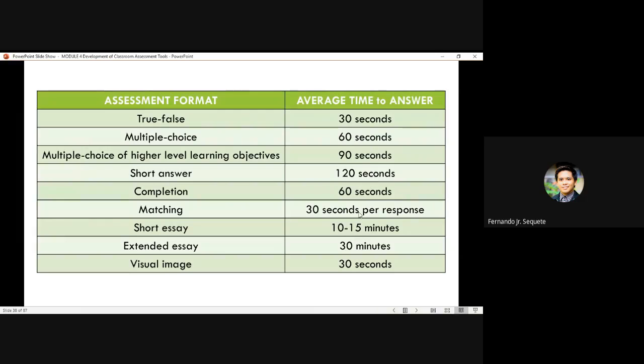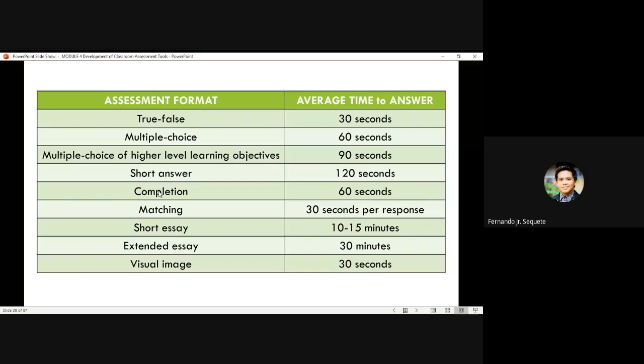So dito natin malalaman. Kaya nga you have to construct your true false na pwede nilang sagutan just for 30 seconds. Okay? You have to construct a test item that is multiple choice type that is good for 1 minute or 60 seconds and so on. Okay?